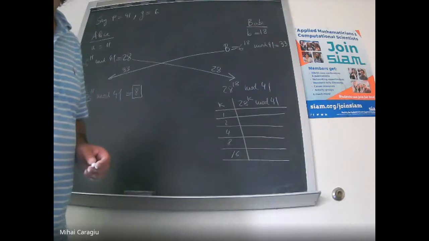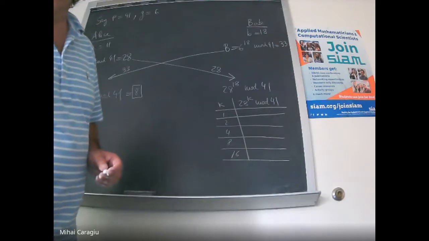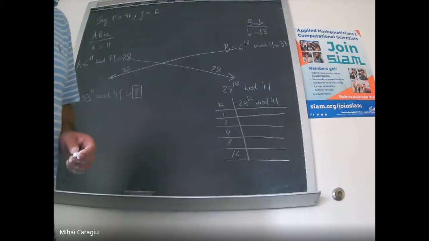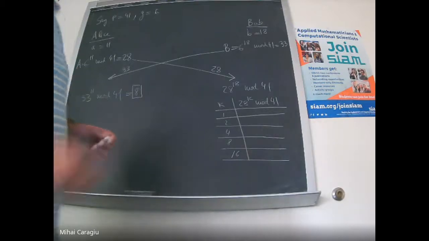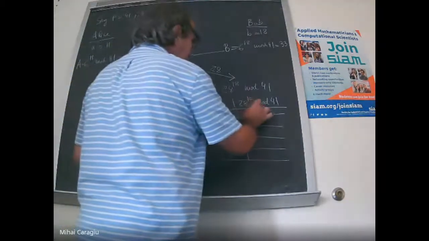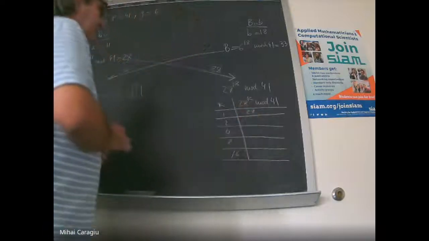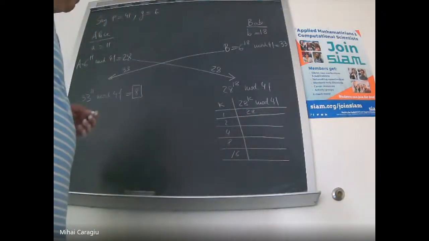Okay, so let's see. It's now 28 on the first row. 28 squared.